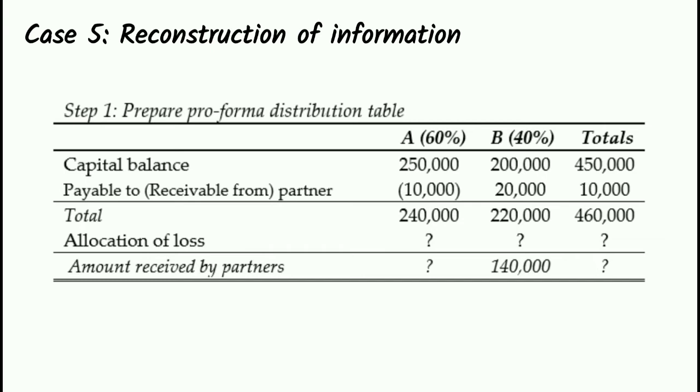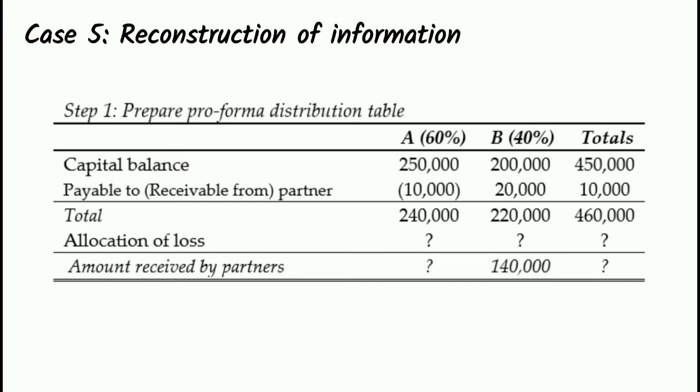Ilalagay natin sa distribution table yung mga available na information. Ang capital balance ni A ay 250,000 pesos at yung capital balance ni B ay 200,000 pesos for a total of 450,000 pesos.